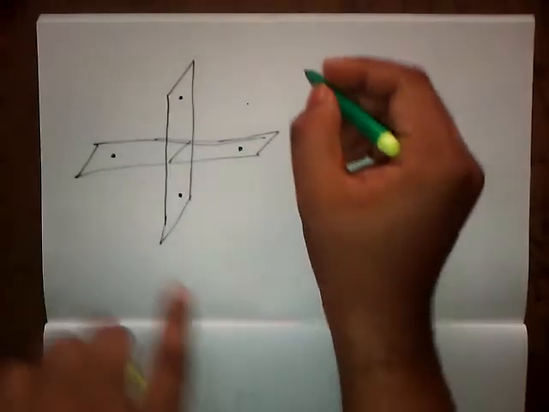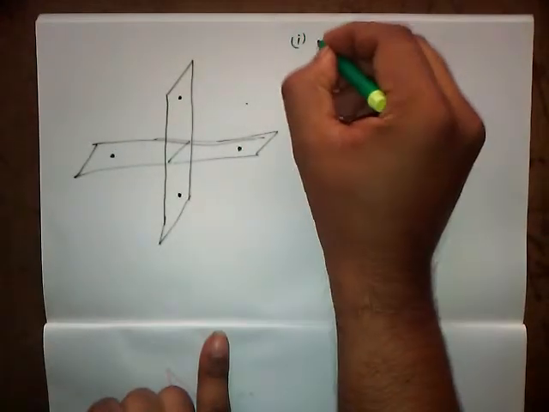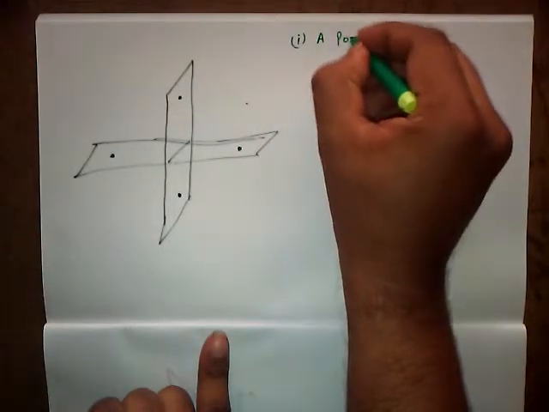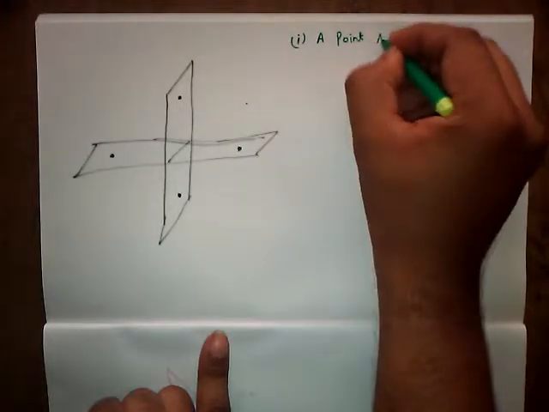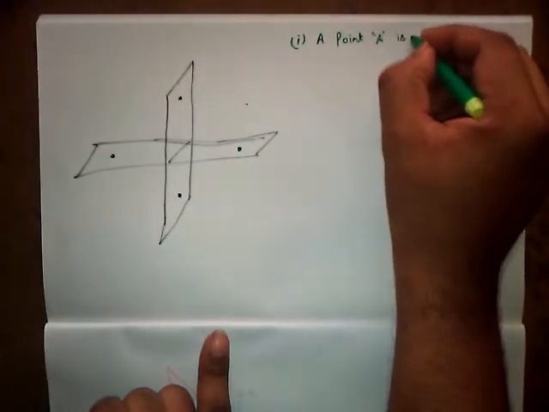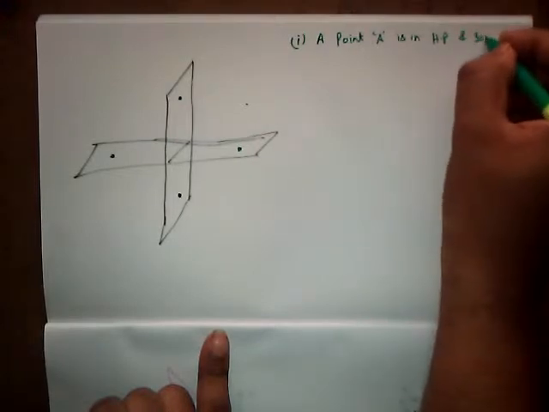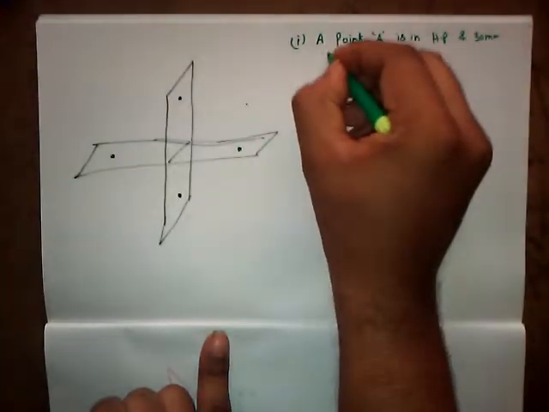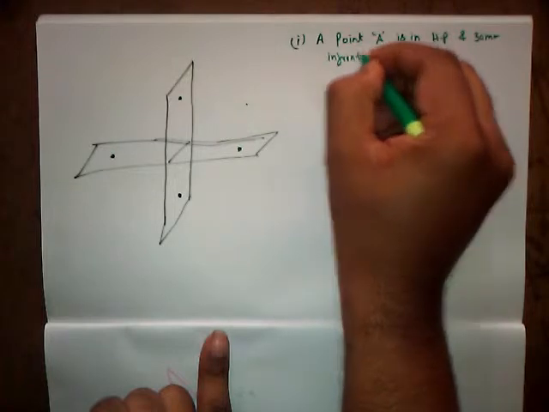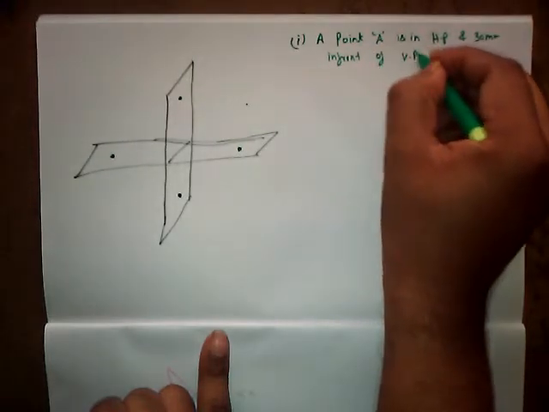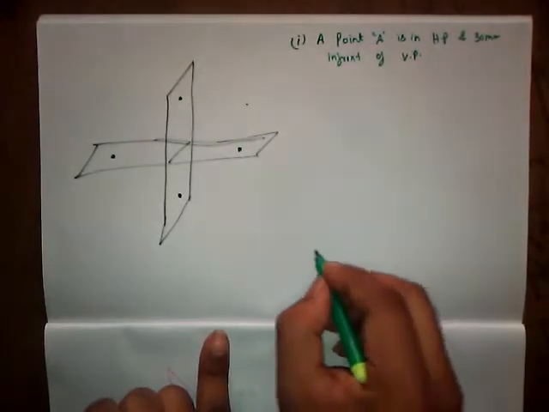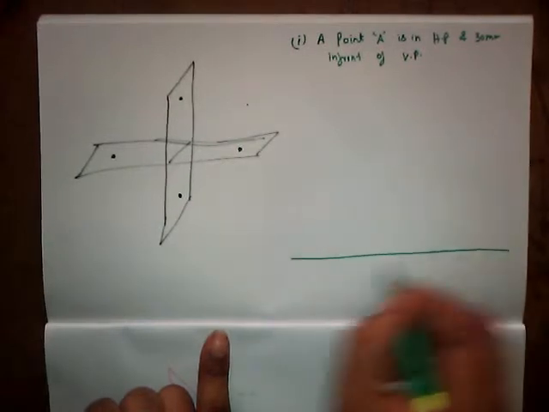So let us consider a combination in this manner. A point capital A is in HP and 30 mm in front of VP. So this is the combination we have. Let us draw an XY reference line.